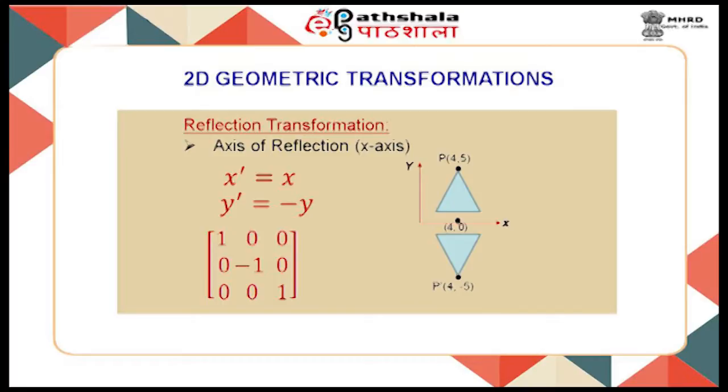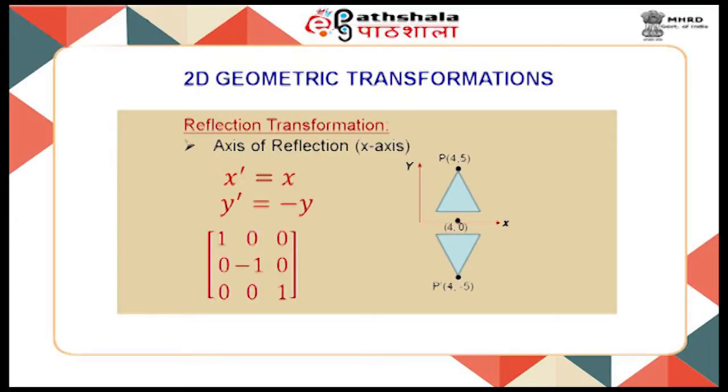Now, you might wonder why there is a point here marked as (4, 0) on the reflection axis, which is the x axis. We can understand reflection in another sense: reflection is equivalent to a rotation by 180 degrees about some pivot point in space.